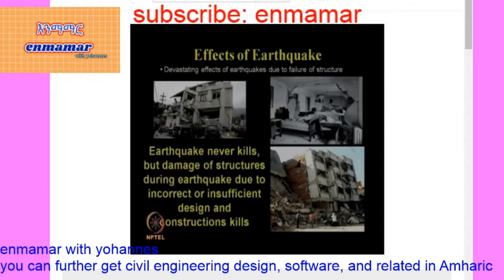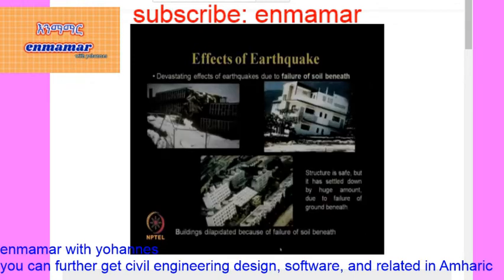It can be due to the design, or due to the construction, or materials can be incorrect, or a combination of them can be the reason which makes the structures collapse during an earthquake, which finally creates this severe damage or devastating effect or kills human beings.